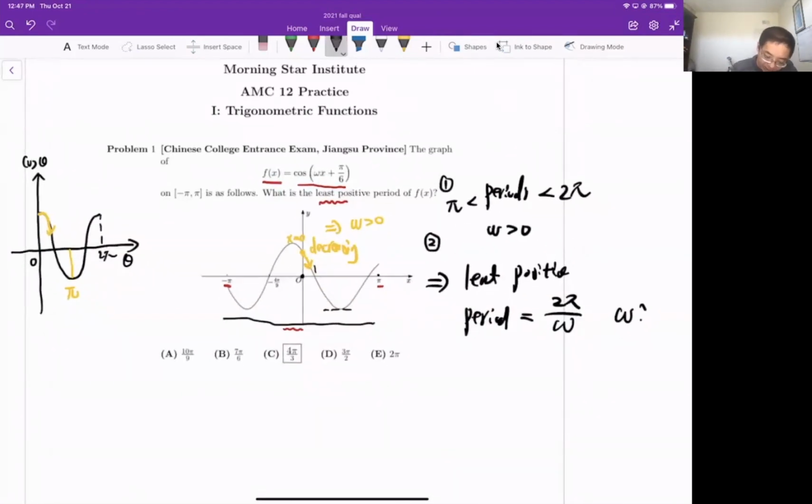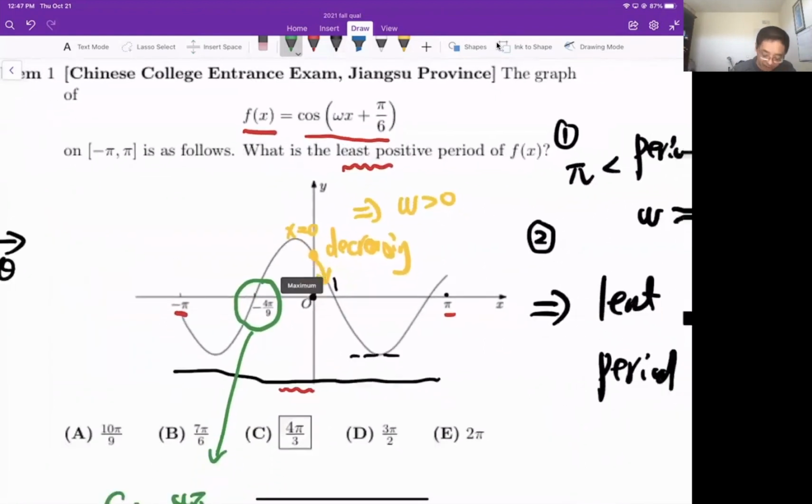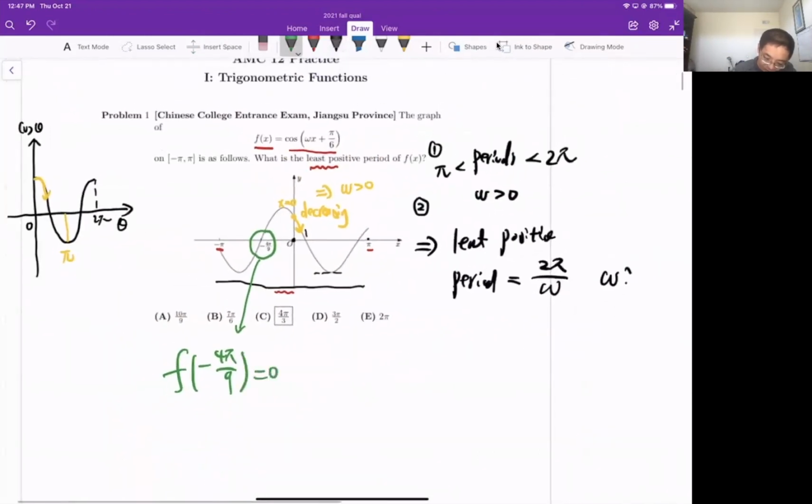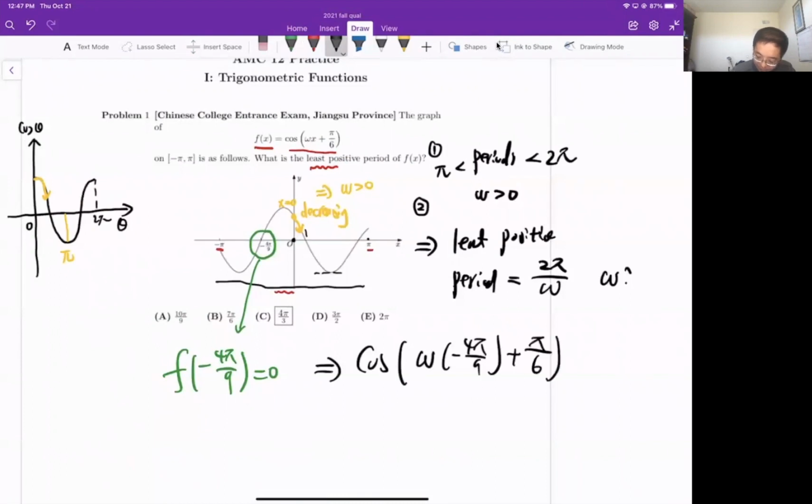Okay, so now the question is, what is omega? In order to find that, we use another piece of information here. It tells us that f evaluated at -4π/9 equals 0. From here we can just plug in: cos(ω times -4π/9 + π/6).